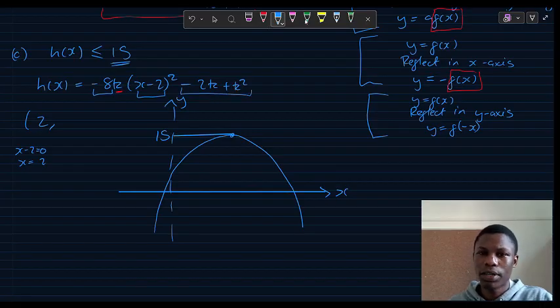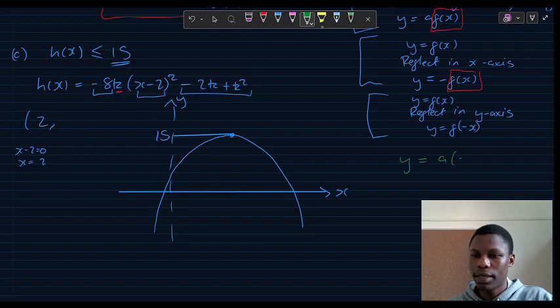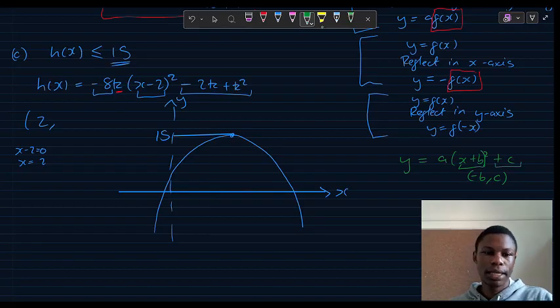Because remember, if you've got your completed square form of the form a times (x plus b) squared plus c, your turning point is going to be minus b and c. So the x comes from whatever makes this bracket 0, and then the y value comes from whatever is added outside the bracket. And so in this case, our c would be the negative 2k plus k squared.